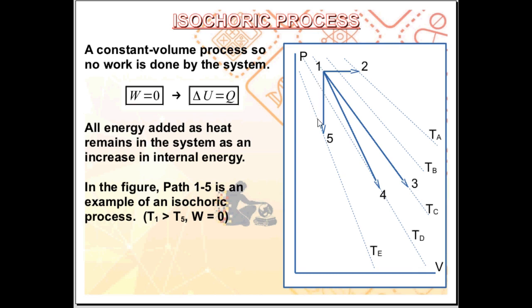In this process, the temperature changes from T1 to T5, from Tc to Te. Tc is greater than Te, so T1 is greater than T5. Heat flows into the system, resulting in an increase in the temperature of the system, resulting in an increase in the internal energy of the system.